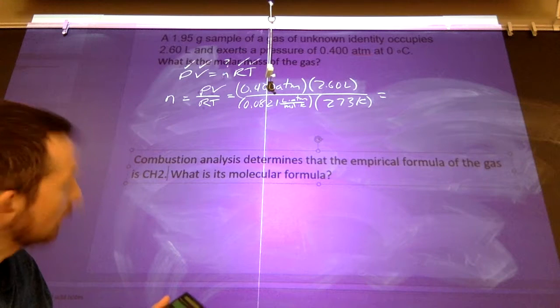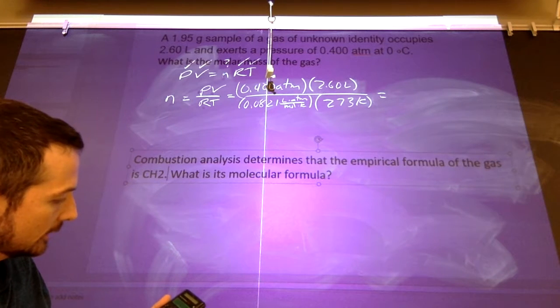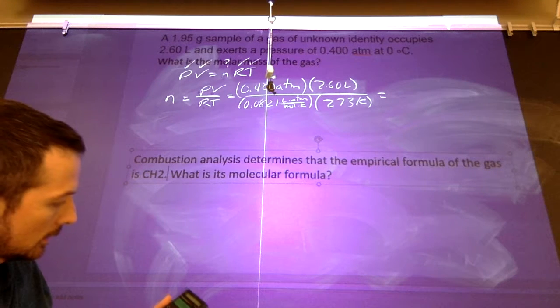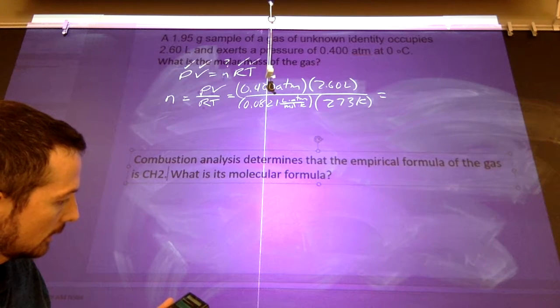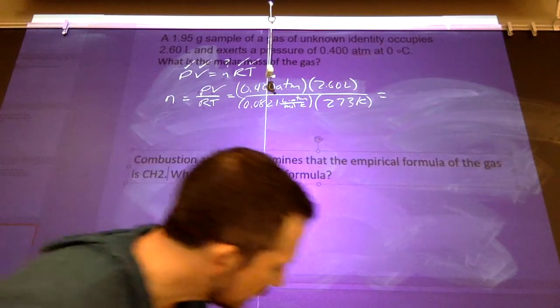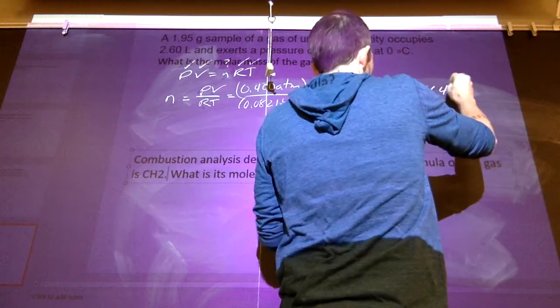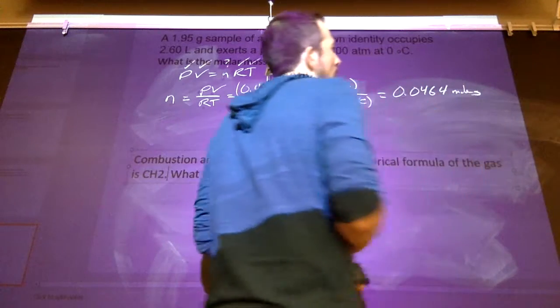So 0.4 times 2.6 divided by 0.0821 divided by 273. So I get 0.0464. Okay.